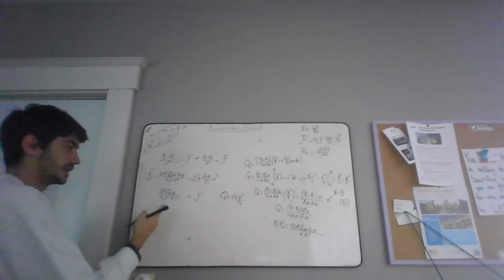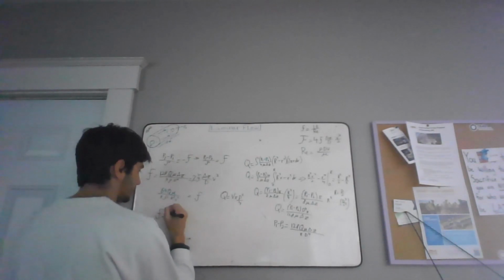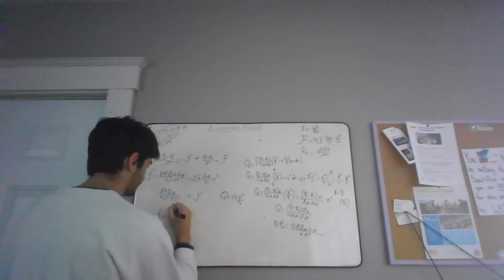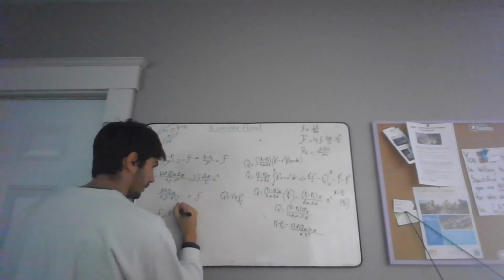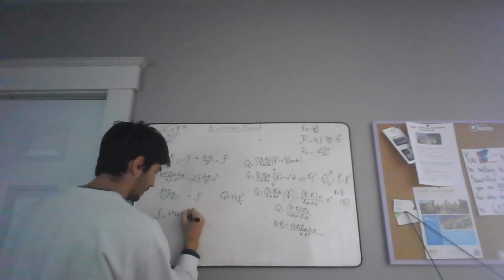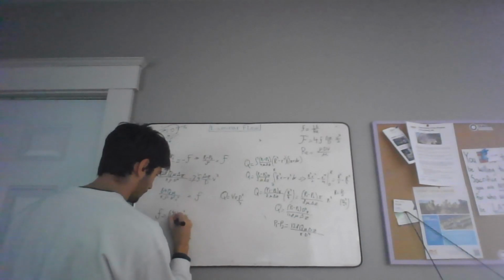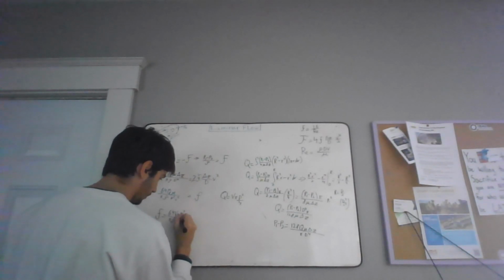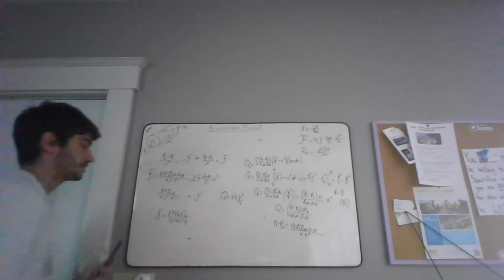Plug that equation in for Q, so that we get f is equal to 64 V pi d squared mu all over 4 pi rho d cubed v squared.